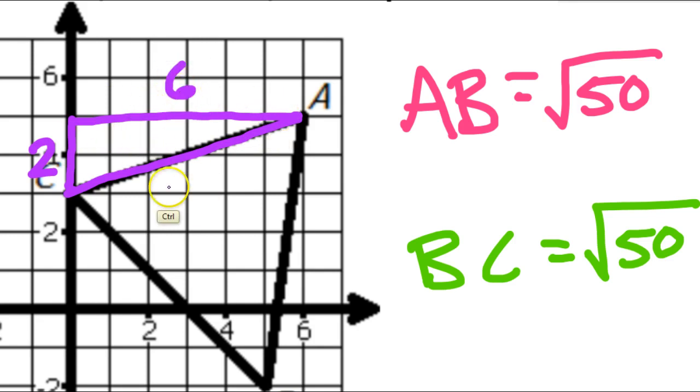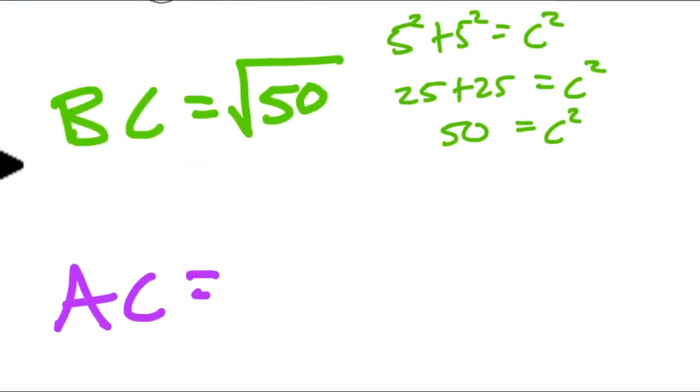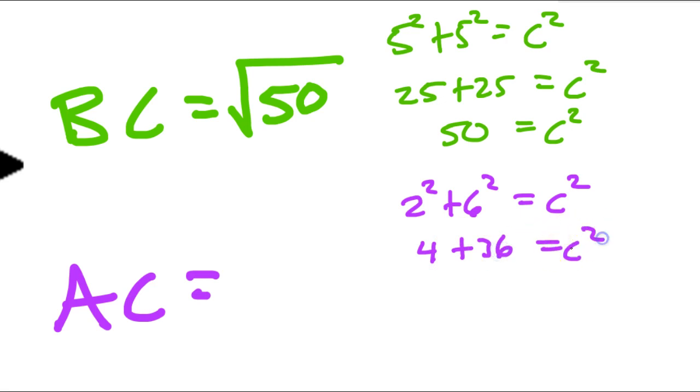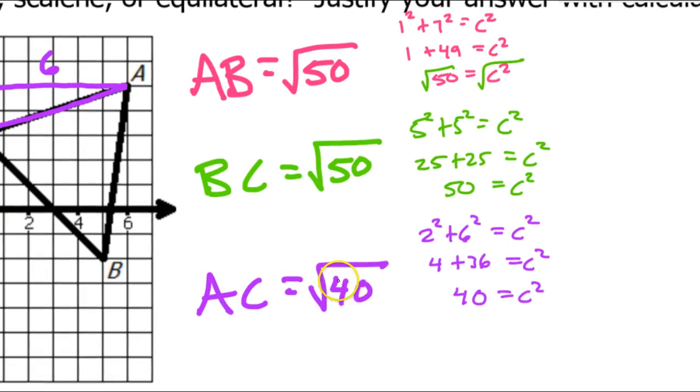So I've got 2 and 6. I'm looking for the hypotenuse. So again, a squared plus b squared equals c squared. So that means 2 squared plus 6 squared is equal to c squared. So that's going to be 4 plus 36 is equal to c squared. So that means 40 is equal to c squared. So taking the square root of both sides, that's going to be the square root of 40. So these are the 3 lengths.